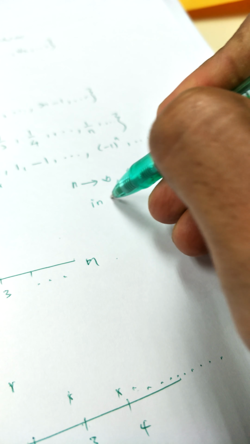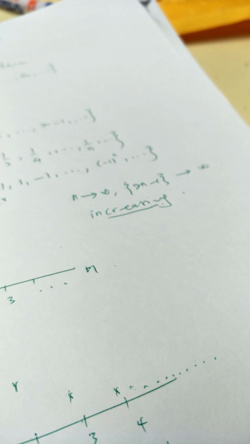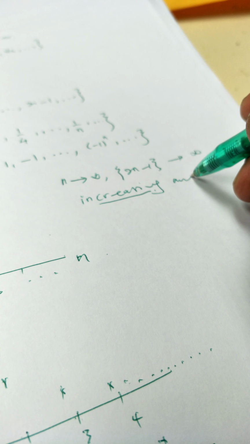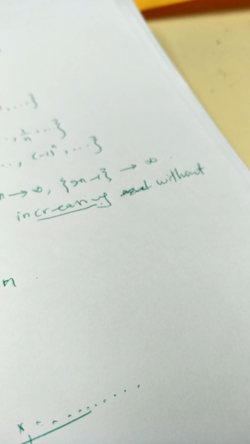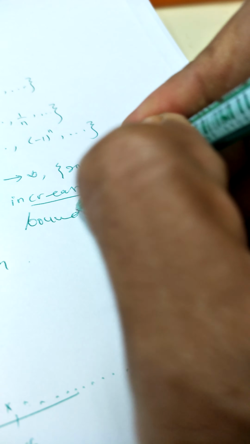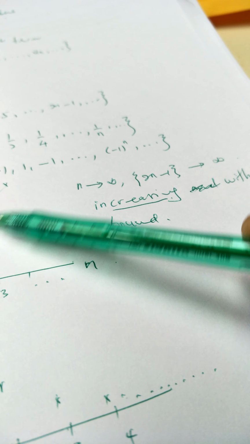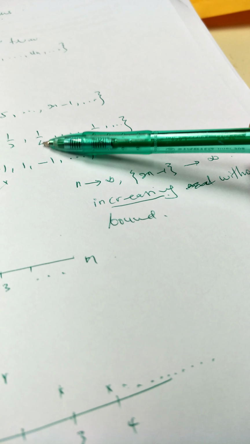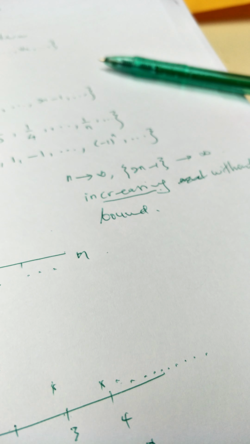In this case we call our sequence increasing. One more term that we use is increasing without bound. The bigger n you choose, the bigger the sequence value you get.